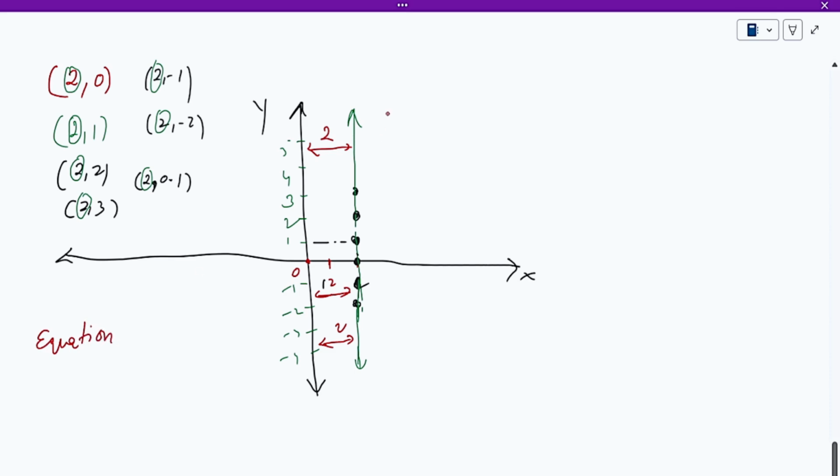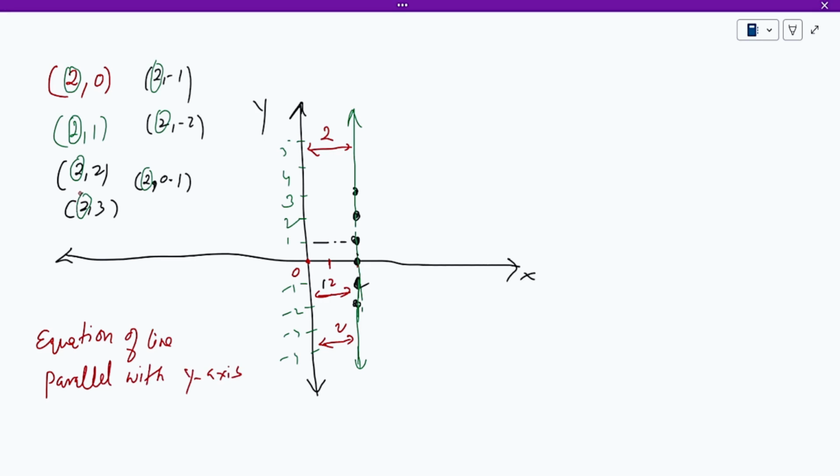This line is parallel with the y-axis. So for the equation of a line parallel with the y-axis, we found that x is fixed, which means x is a constant.